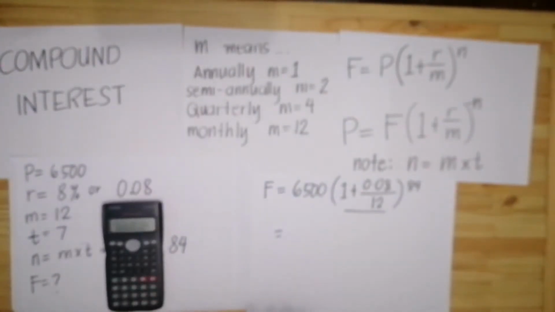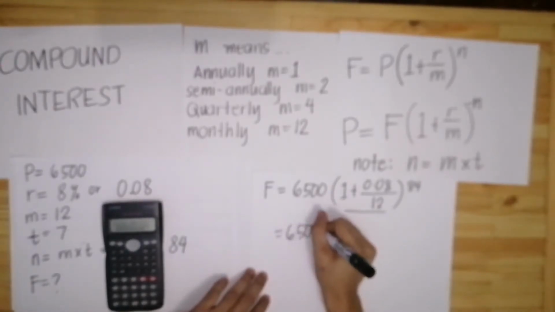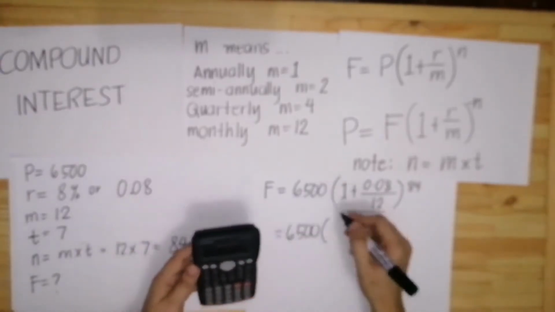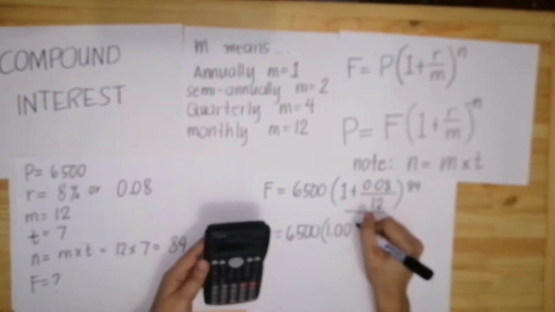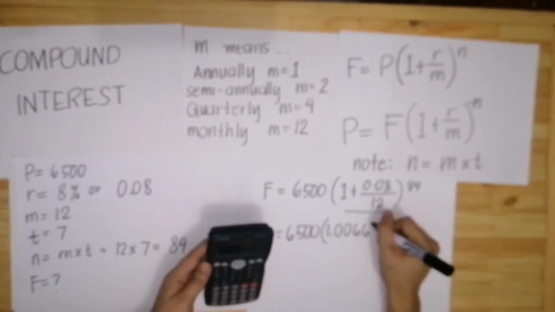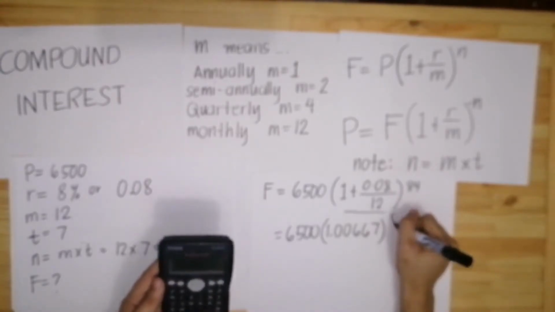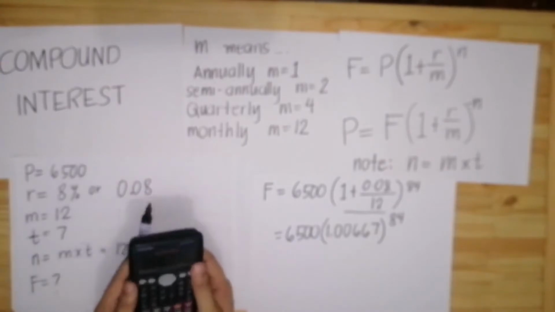Okay? So, the answer is 6,500. Then, the value of this is 1.00667 na lang. Ni-round off ko na para hindi masyadong mahaba. Raised to 84. Then, press that on your calculator.